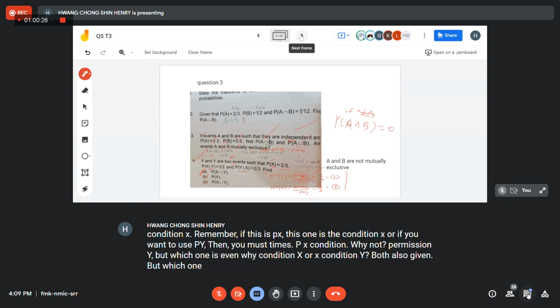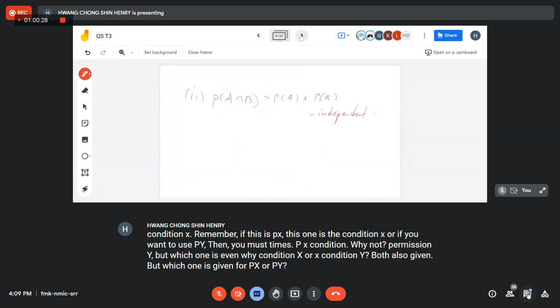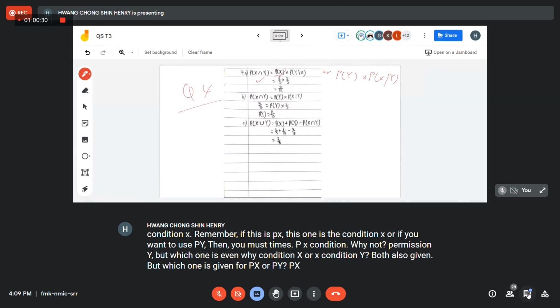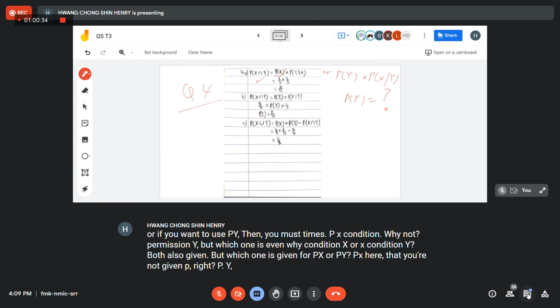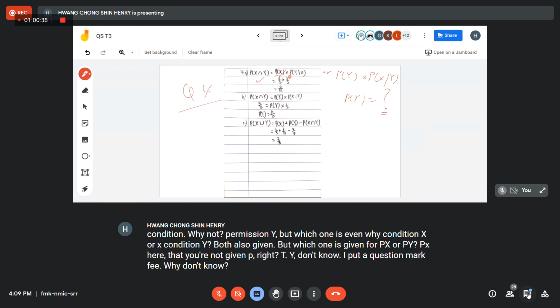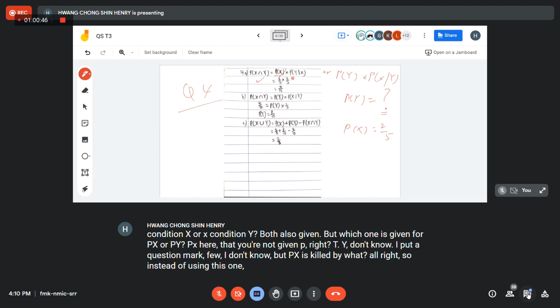But which one is given for P(x) or P(y)? P(x). You see or not? You're not given P(y). P(y) don't know. I put a question mark, P(y) don't know. But P(x) is given by what? 2 over 5, right? So instead of using this one, we use this one.